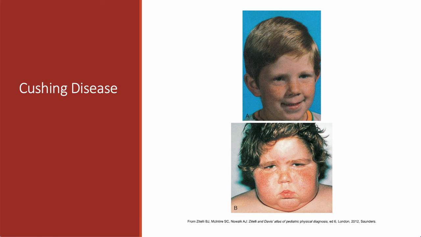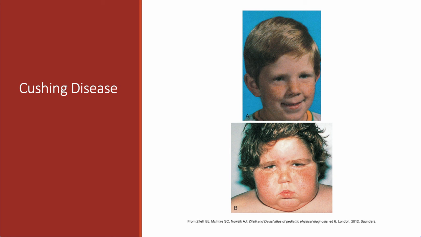Cushing's disease or Cushing syndrome is a hypersecretion of cortisol, whether that is a high amount of cortisol circulating, whether that is hypersecreted by a tumor in the adrenal glands, or whether that is an exogenous amount.